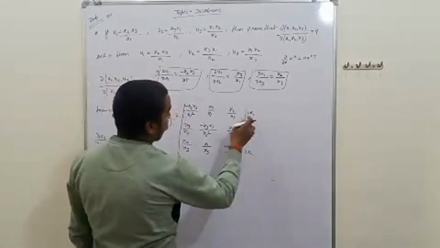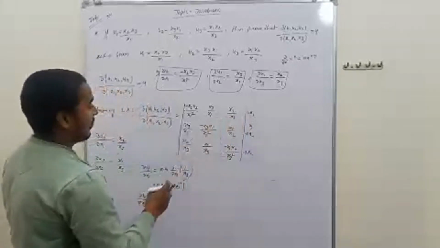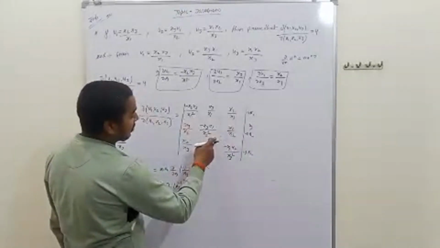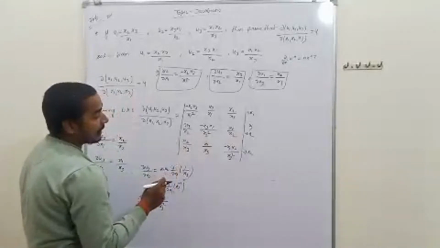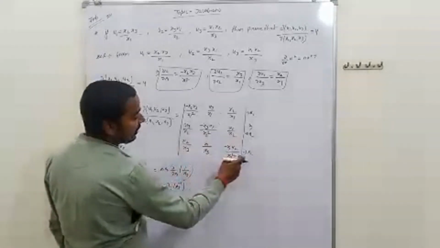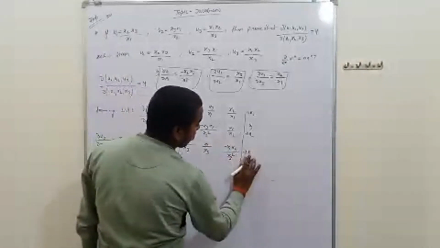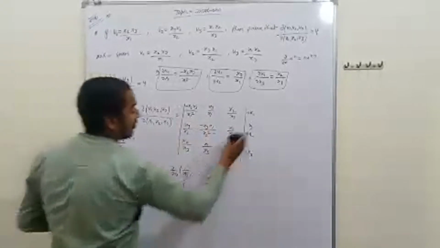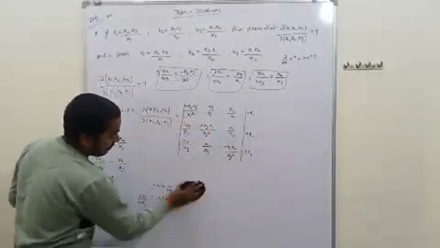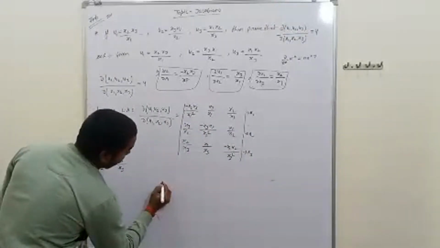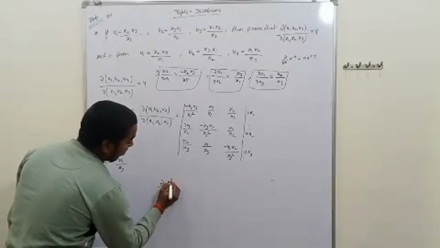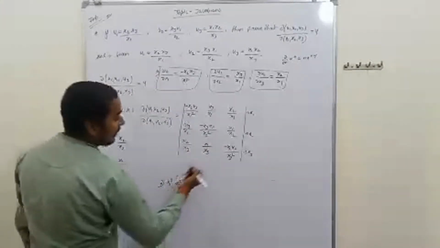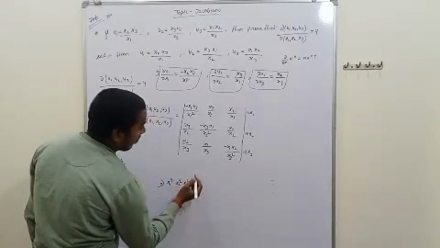Taking common x1 square from r1 and x2 square from r2 and x3 square from r3.